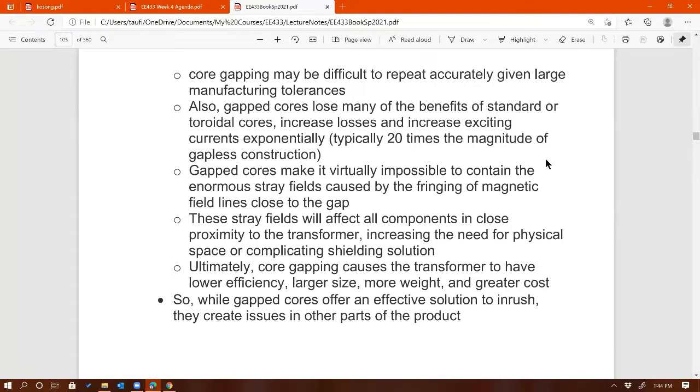Just the way cores are manufactured, they come in pieces, so you have to put 2 pieces together into one core. Because of that, you'll end up with an air gap.